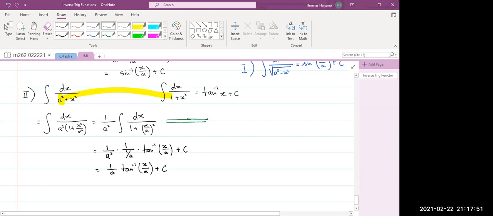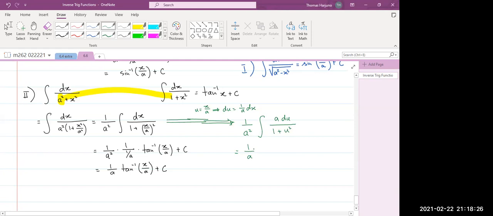If you want to go slower, then you say, oh, you know what? Let u equal x over a. So my du is 1 over a dx, right? Then the substitution becomes 1 over a squared integral, dx becomes a du, over 1 plus u squared. A over a squared is 1 over a.